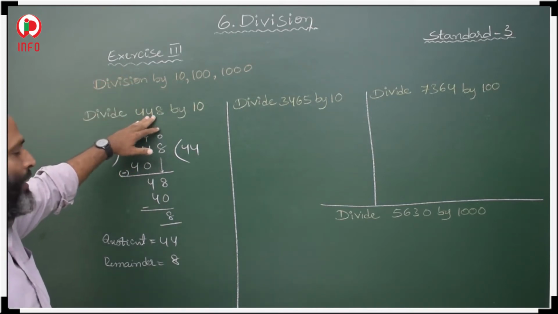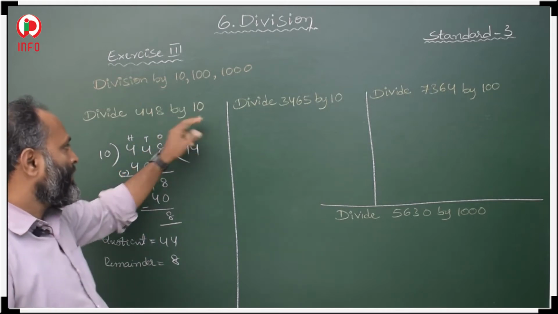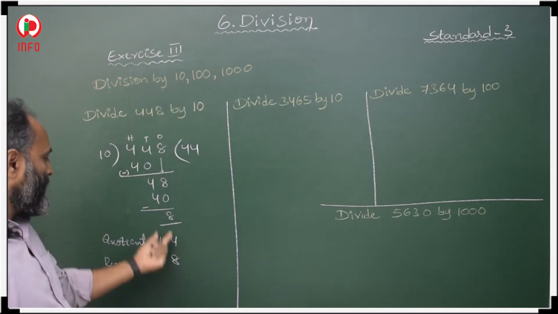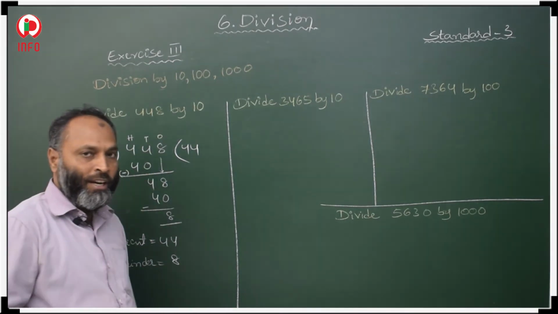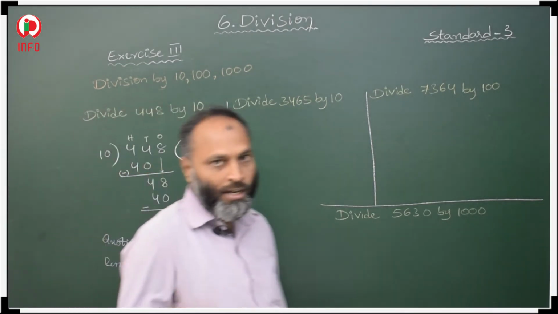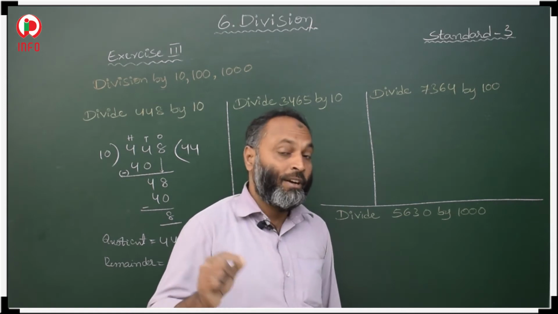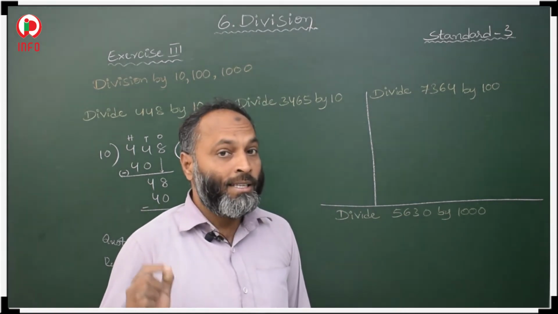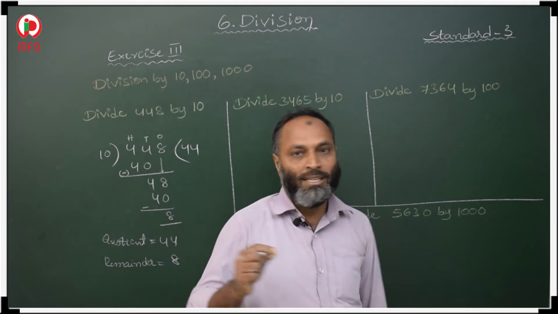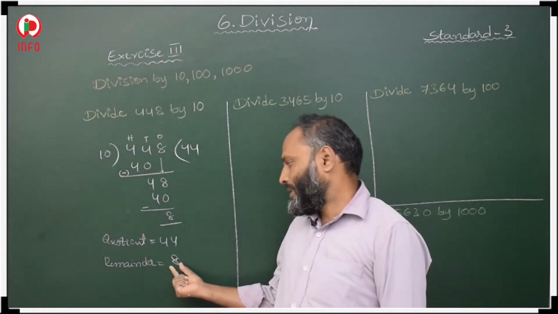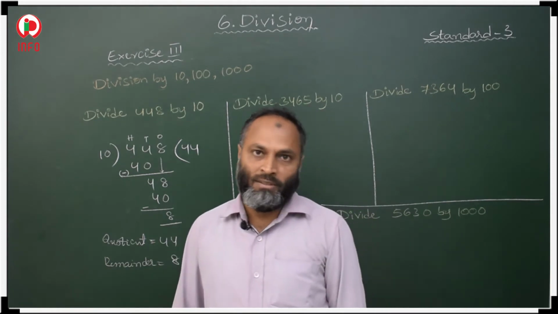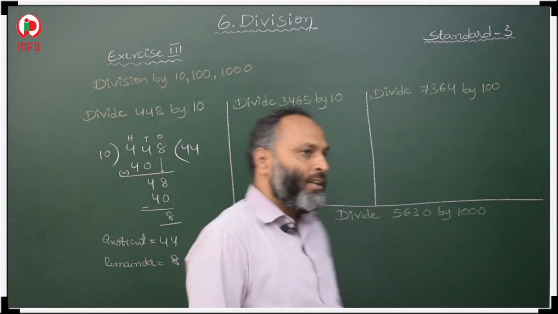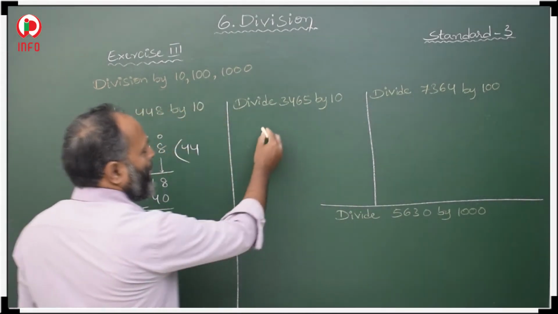When we divide this 448 with 10, this 44 is the quotient and this 8 is the remainder. When we divide it by 10, the last digit, that is the ones place, is the remainder and the rest of the places are the quotient.